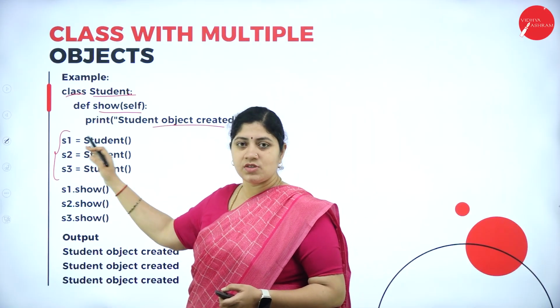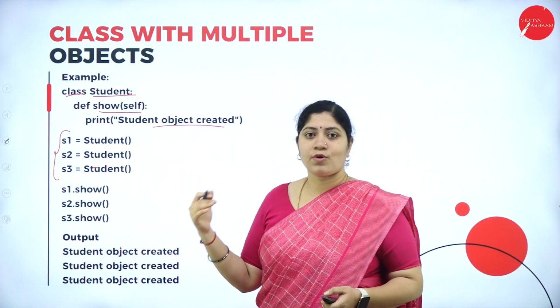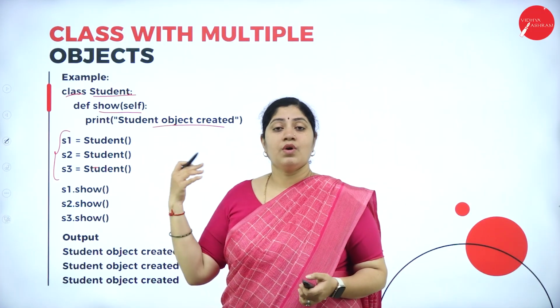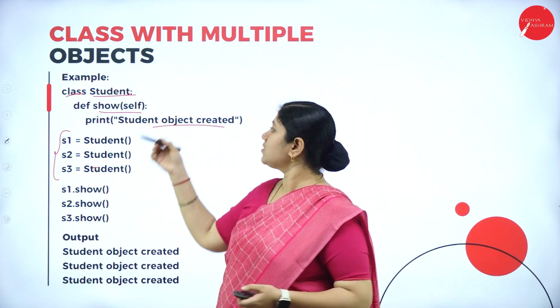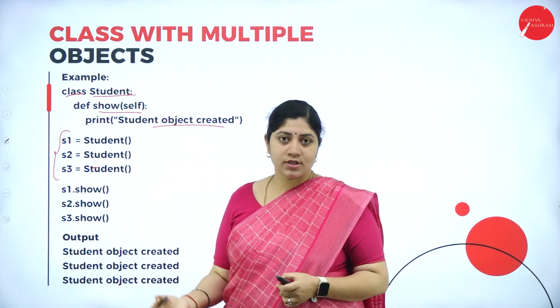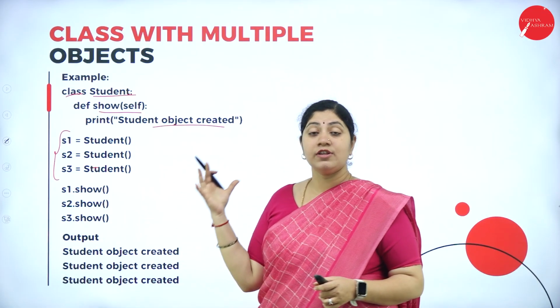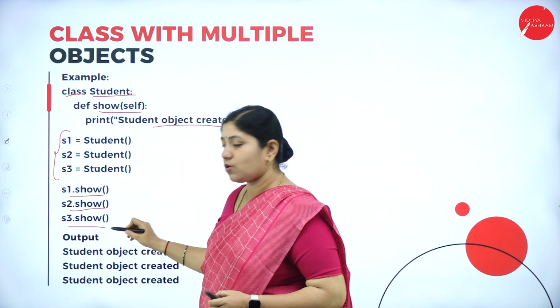We have S1 = Student(), S2 = Student(), S3 = Student(). Next, we have to show that statement, correct? How many times the multiple object creation with a single class happens is defined by using S1, S2, S3. Now it is displayed by S1.show(), S2.show(), S3.show().